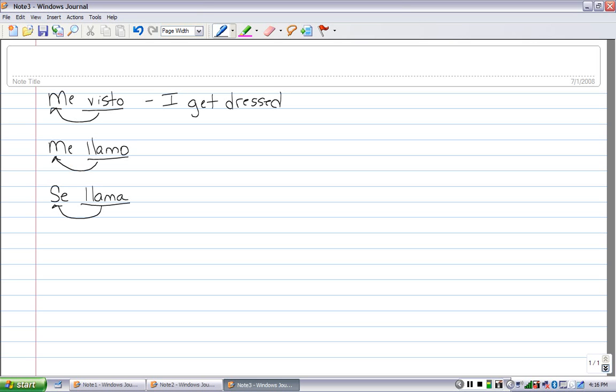Now, you cannot make any verb in Spanish reflexive. You can't just pick one and make it reflexive. For example, if you pick the verb beber, beber means to drink. So you couldn't say beberse, because you can't say to drink oneself. So that one can't be reflexive. But the verb lavar means to wash.